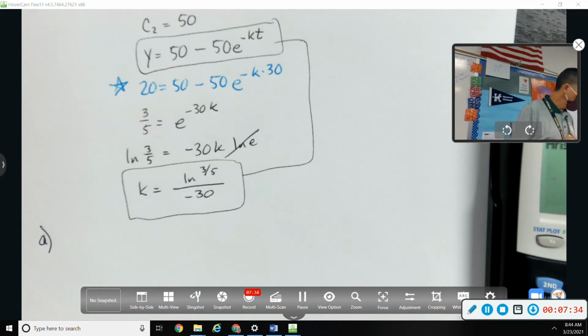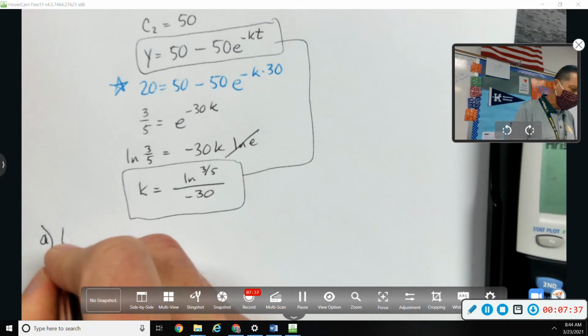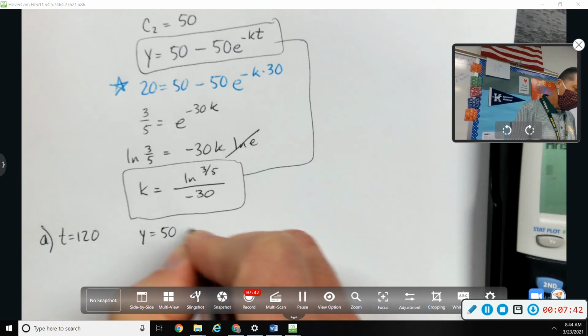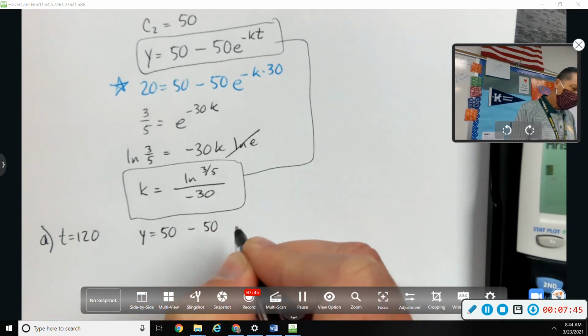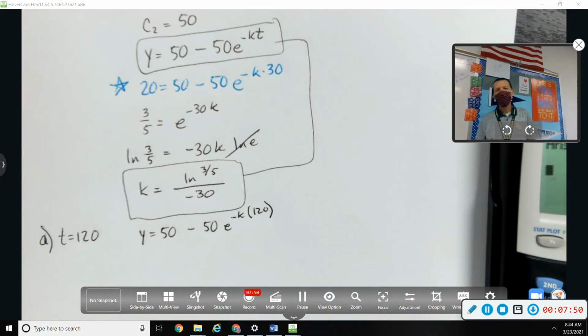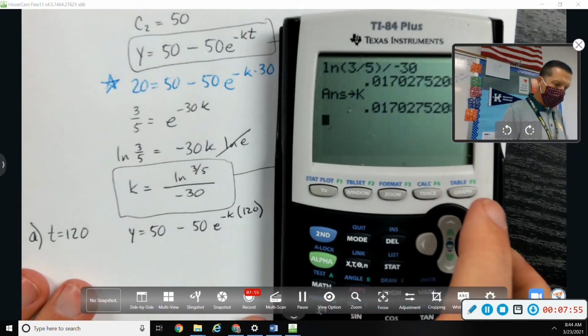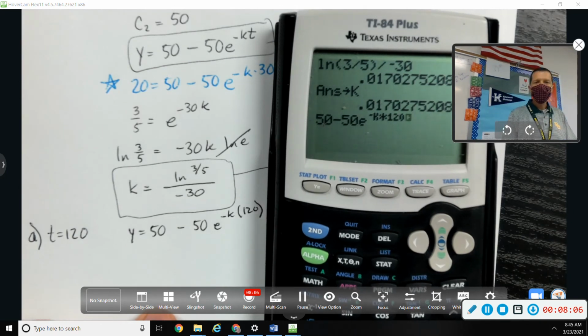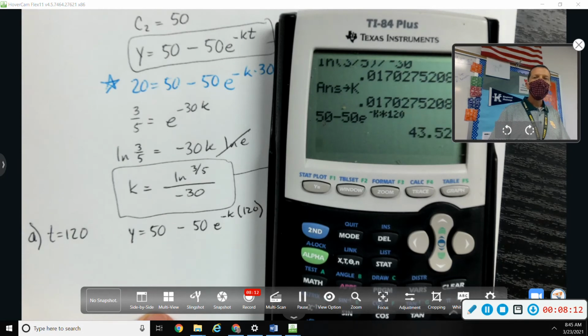For A, how many verbs will the student memorize in 2 hours? So if t is 120, now it's just plugging it in the calculator: 50 minus 50 e to the negative 120k. 43.5.